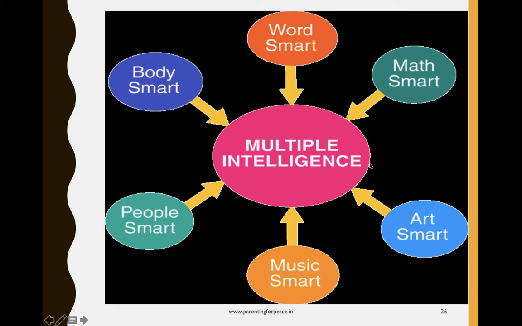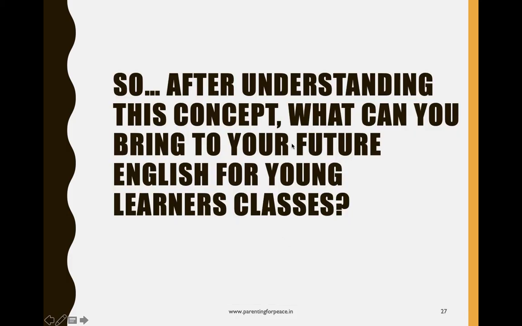So later on, they will find their dominant one, and then we can help them boost or maximize their intelligence. But as teachers, we have to support them, preparing instruction that gives them the opportunity to develop in this area.